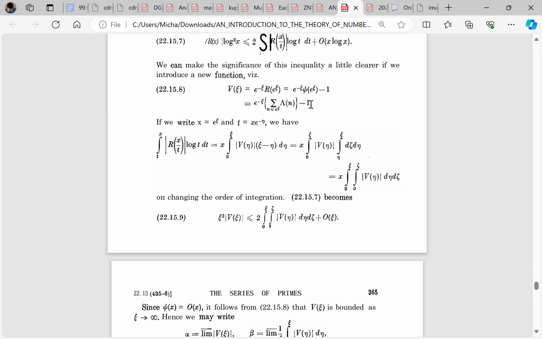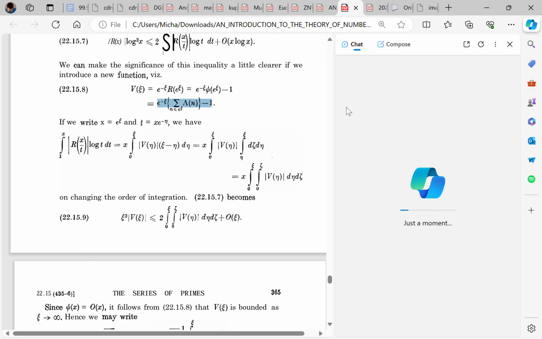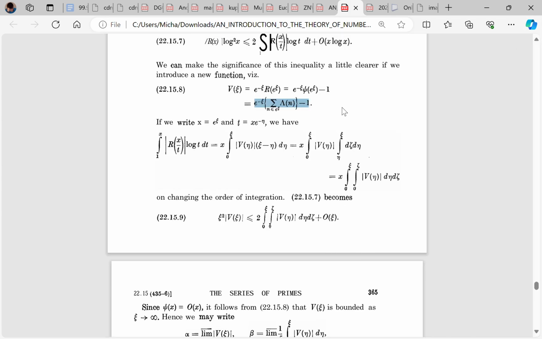Okay, so maybe if you look at this one, it's more obvious what it's saying. So you have this. As xc increases here, the e to the minus xc is making it smaller and smaller.